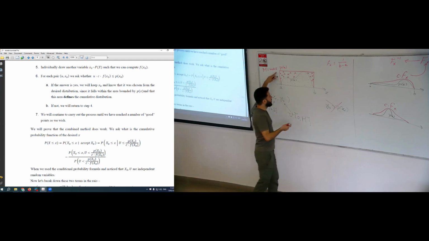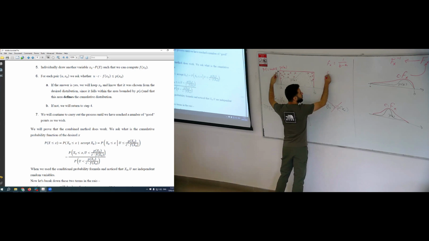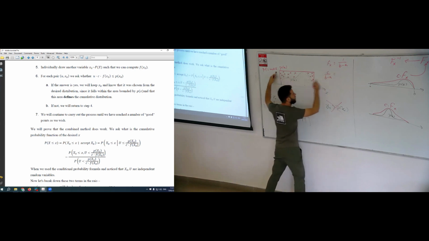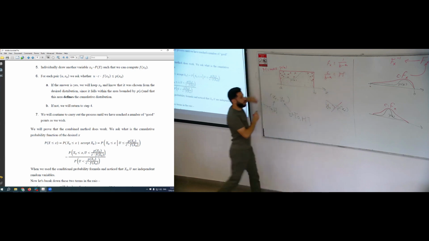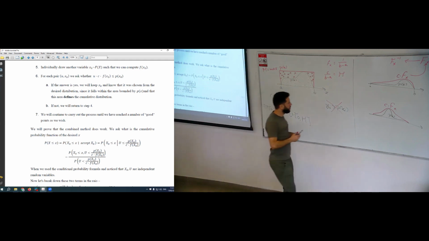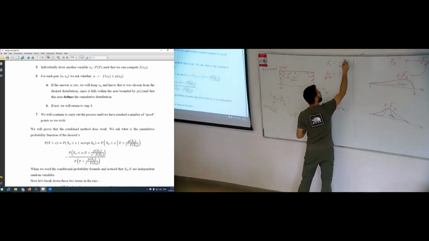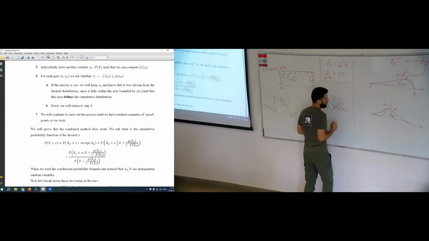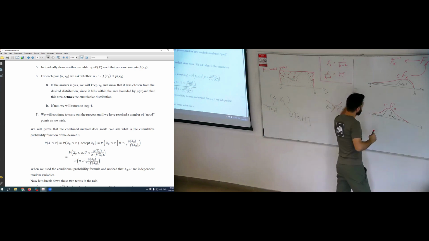I know that C multiplied by F is the maximal value, so C is B minus A multiplied by F. So this is a special case of it.